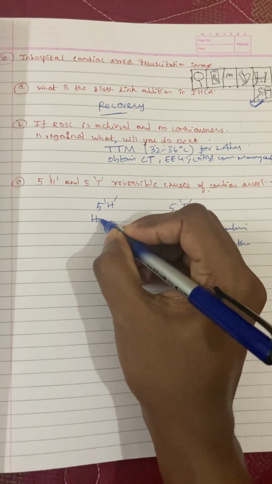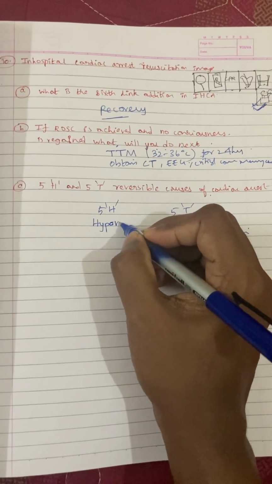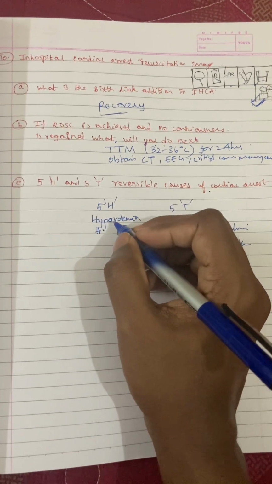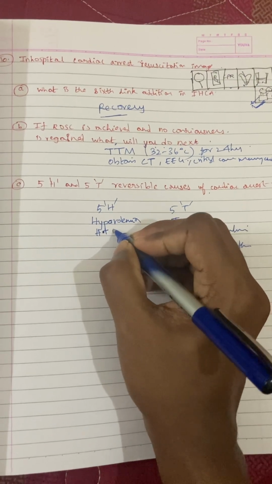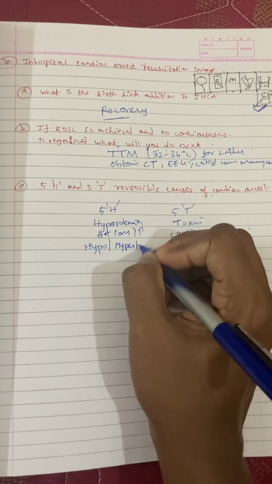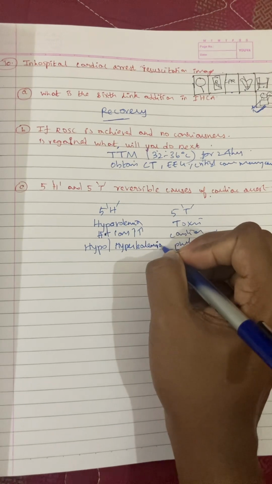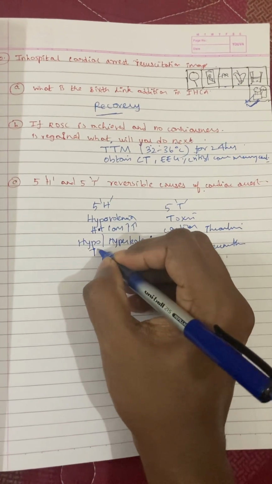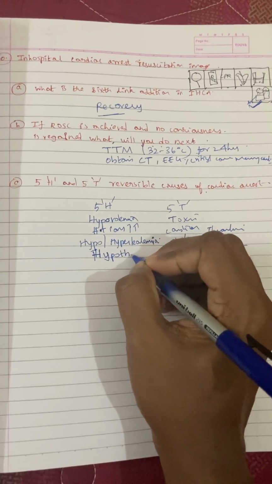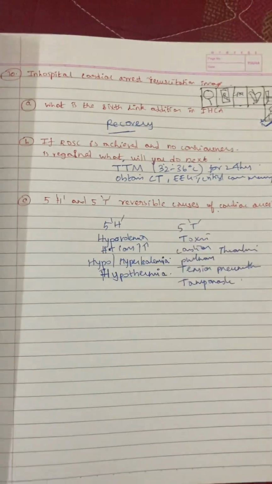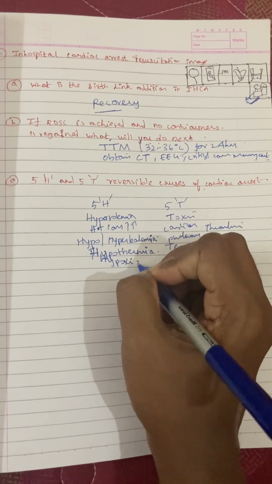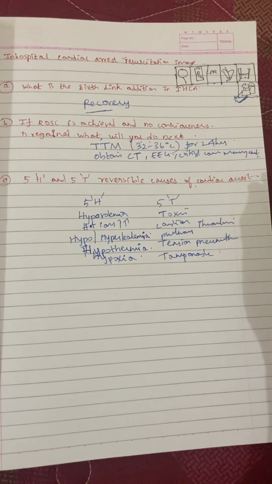The 5Hs will be hypovolemia, acidosis, H plus ion increase, hyperkalemia, and the most common one, hypothermia. Hypothermia can also result in this, and next is hypoxia. So these are the 5Hs and 5Ts of the reversible causes of cardiac arrest.